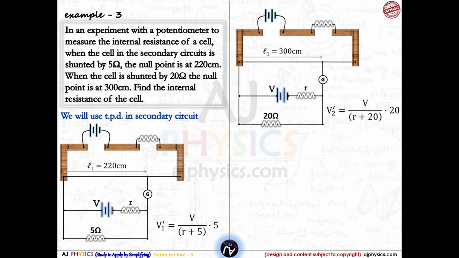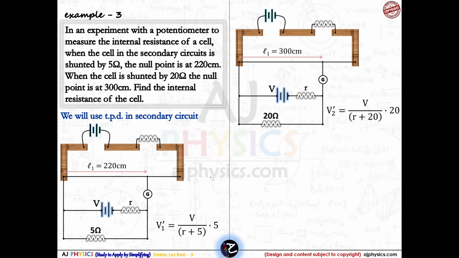Now the basic thing is whatever data could be given in the circuit in the question, that will be very limited data, and actually the primary circuit will not play any major role in solving the internal resistance of the cell. Why? Because once you set up the primary circuit, the setup is going to remain same. Only you have to make the changes here in the secondary circuit. That will be the resistances, the shunting. You can change that anytime.